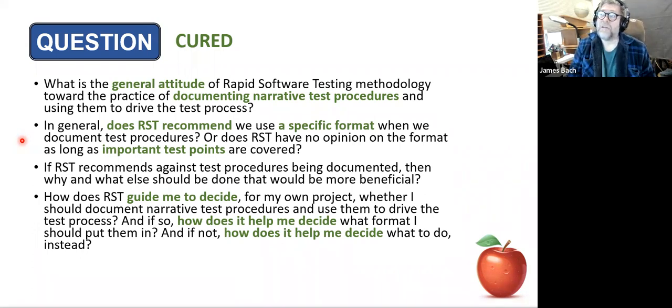Or does RST have no opinion on the format as long as important test points are covered? Notice I've preserved the language of Abhijeet's original question as much as I could, but he said important test points, and I'm preserving that because I think that's not a particularly problematic way to talk. Okay, what do you think about that one?